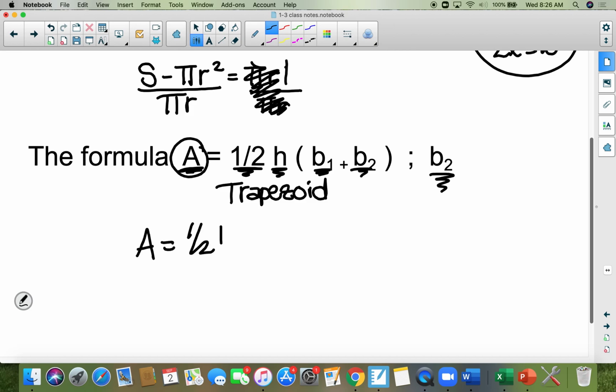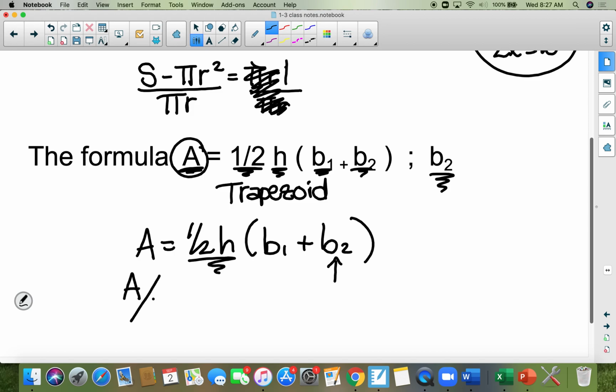You don't have to, but. So the first thing I'm going to do is get rid of the 1/2 h, because I'm trying to get this alone. So I'm going to divide both sides of my problem by 1/2 h. And by doing that, this goes away on the right-hand side, and I'm left with b sub 1 plus b sub 2.